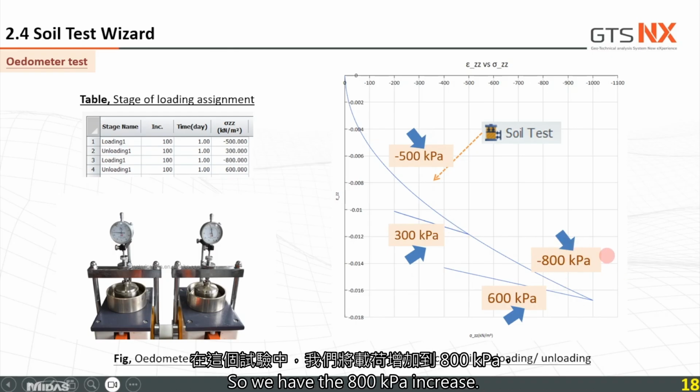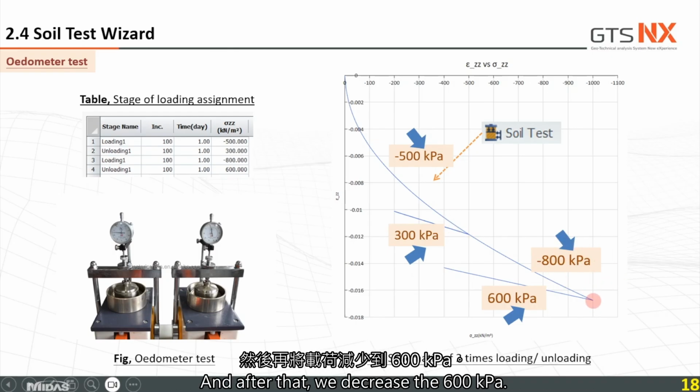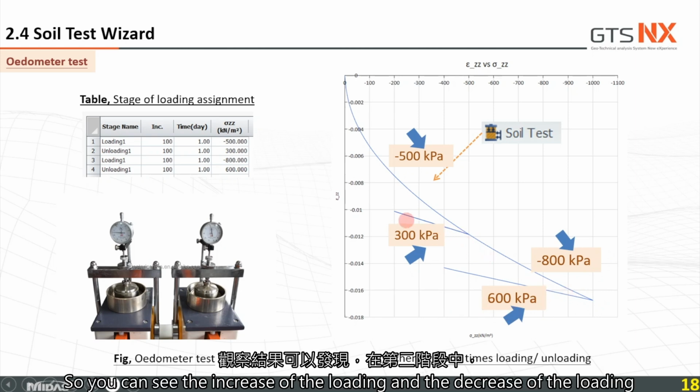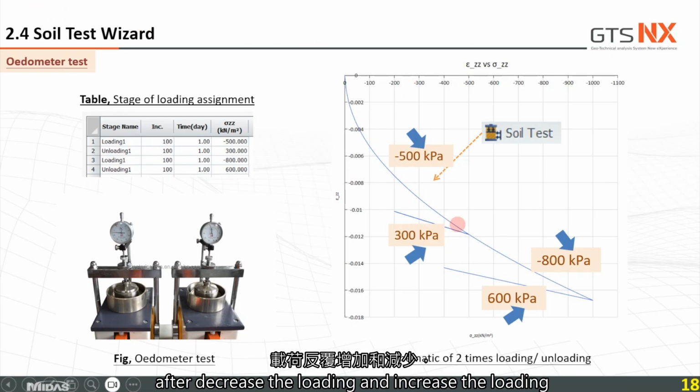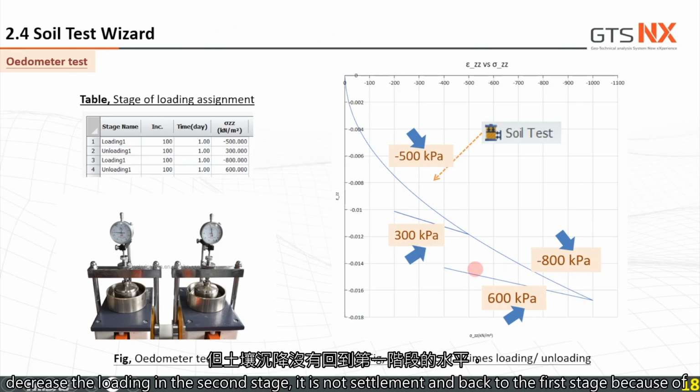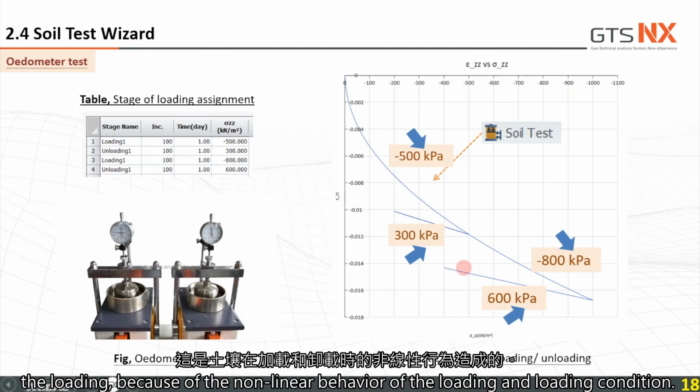So we have an 800 kilopascal increase, and after that we decrease to 600 kilopascal. So you can see the increase and decrease of the loading. After the decrease, increase and decrease of the loading in the second stage, the settlement does not go back to the first stage, because of the nonlinear behavior of the loading and unloading condition.